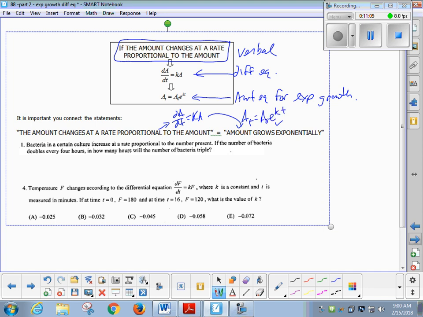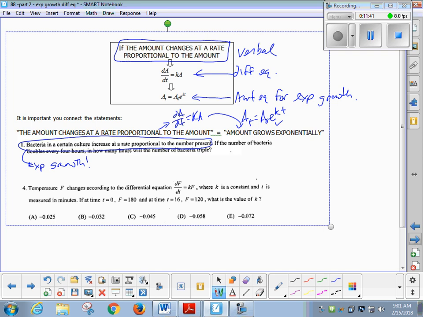So on an AP multiple choice problem, which on this first one I stripped away the answers to, it says bacteria in a certain culture increases at a rate proportional to the number present. The number doubles every 4 hours. How many hours till it triples? To get into the problem, you need to take this sentence and know that that means exponential growth.